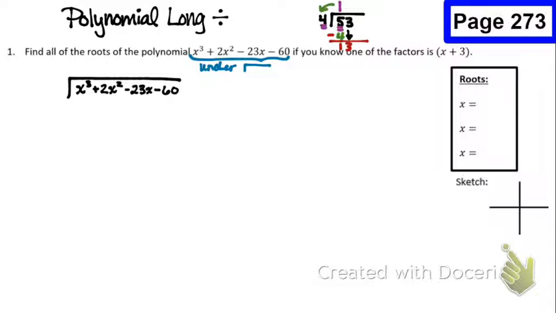What goes out in front will be a factor. So this guy right here, factors go out in front. We do not have to set it equal to 0. I want the factor for my long division. Tomorrow we'll look at something where we do set it equal to 0. It's a way to do this process, but with only the numbers instead of the x's. So x plus 3 we have out in front.